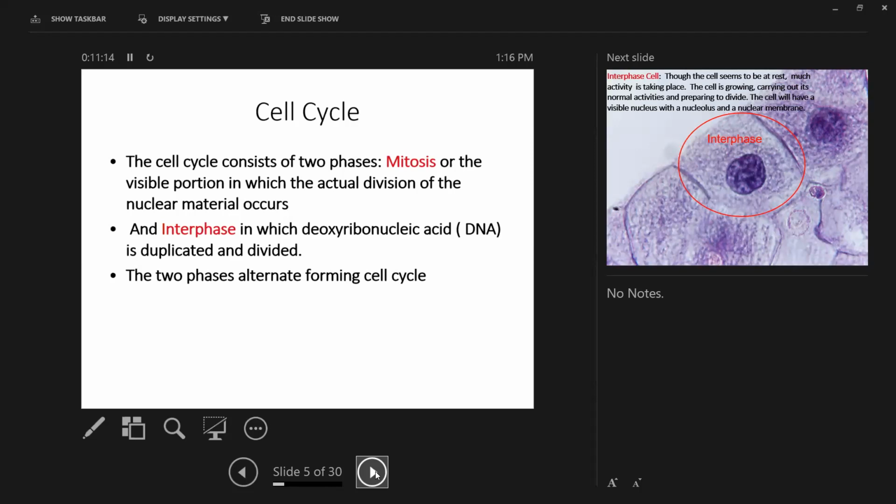On an exam, if you were to see a question that said mitosis is, and if you marked cell division, you'd be wrong, because mitosis has nothing to do with the cells separating into two daughter cells. So don't fall into that trap.